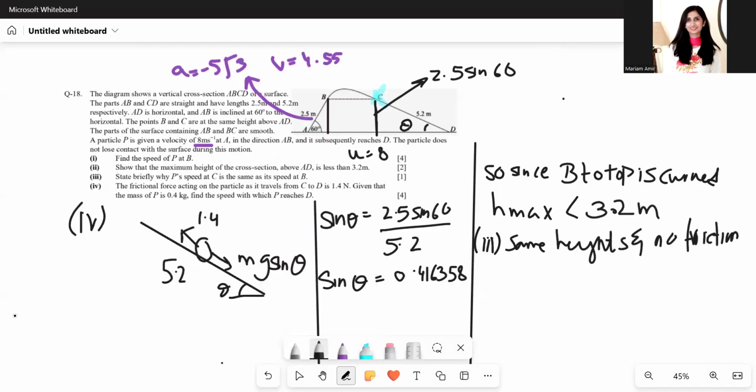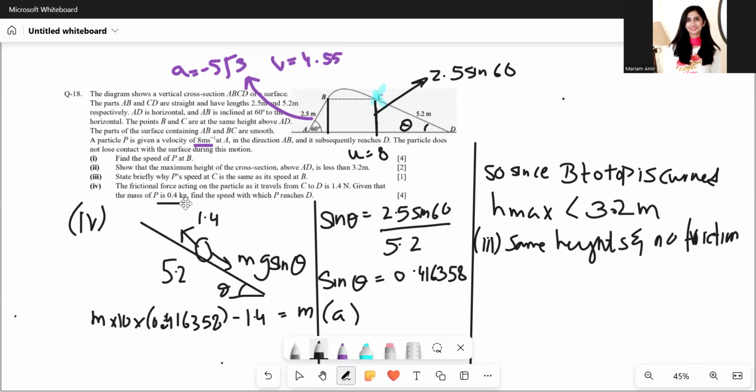Now let's use forward minus backward is equal to ma. So mg sine theta. Instead of that, I'm writing what I just got, 0.416358, minus backward force, which is 1.4, is equal to ma. The mass of the particle is 0.4.